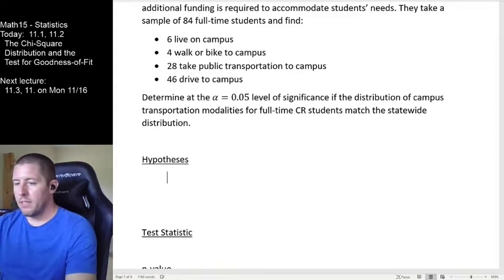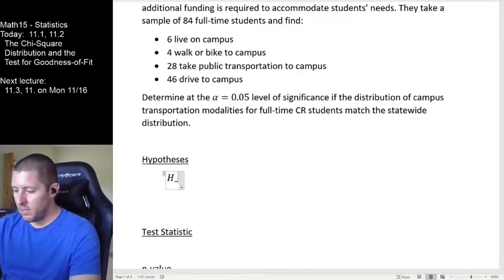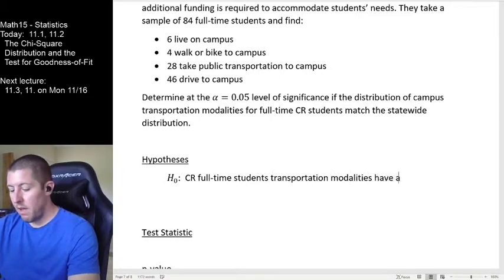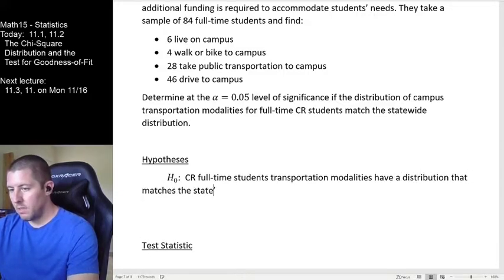So our null hypothesis here, I'm going to type this one out. I'm going to say our H sub 0, our null hypothesis, and I'm going to phrase this a couple different ways. CR full-time students' transportation modalities have a distribution that matches the state average.